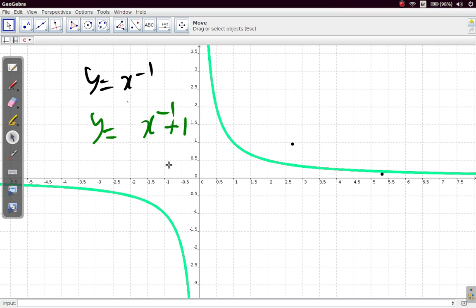Then what we're going to do is go into the raised to the power of negative 1 part. Instead of x alone to the negative 1, let us say x plus 1 to the negative 1. So we have x plus 1 raised to the power of negative 1. Alright, let's see what will happen.